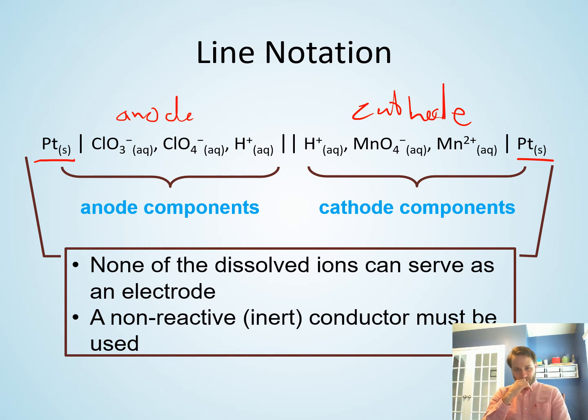None of the things involved in the redox reactions are able to transport electrons from one side to the other. They aren't solid metals, so we need to include something like platinum, which is an inert metal that can just conduct the electrons from one side to the other.